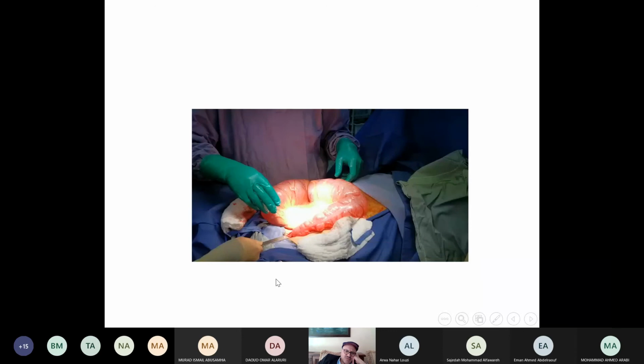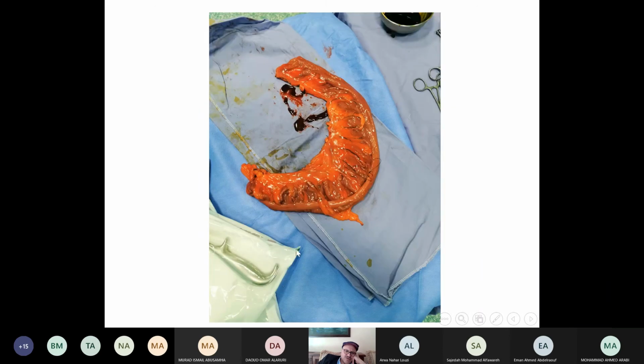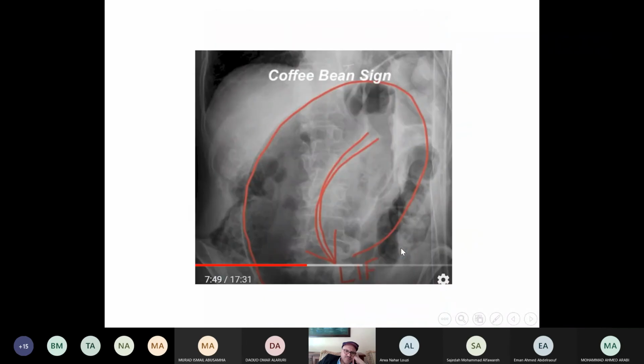But sometimes we are obliged to do it surgically right from the beginning. And this is the resected sigmoid. And this is why they call it the coffee bean sign, because it represents the two loops and the two walls.